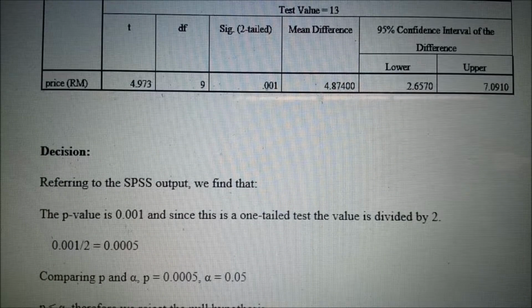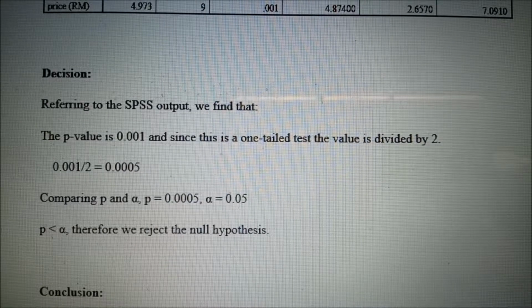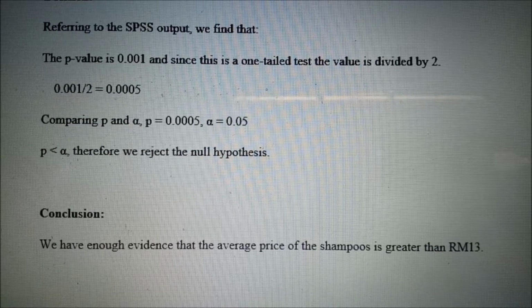The decision. Referring to the SPSS output, we find that the p-value is 0.001, and since this is a one-tailed test, the value is divided by 2. 0.001 divided by 2 is equal to 0.0005.